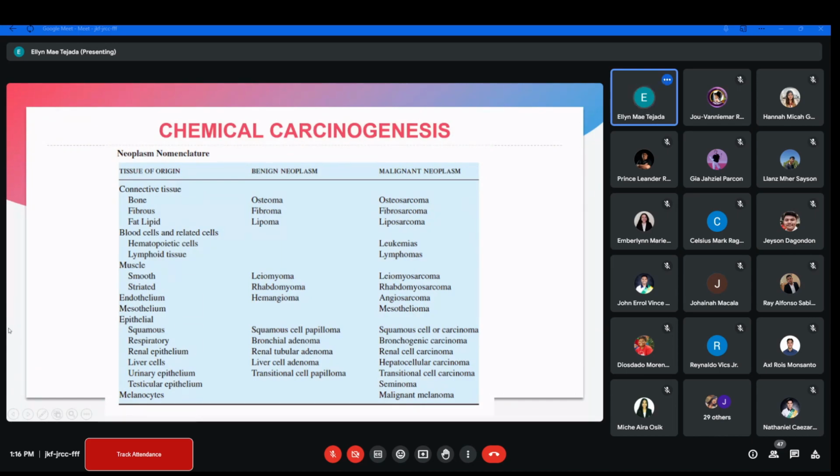In specific categories under your mesenchymal, we have the bone and soft tissues, which include your muscle, fat, blood vessels, and lymph vessels as well, and some of the fibrous tissues.